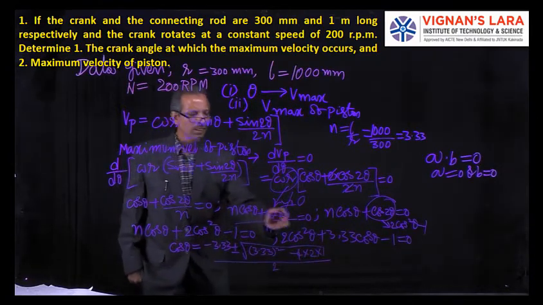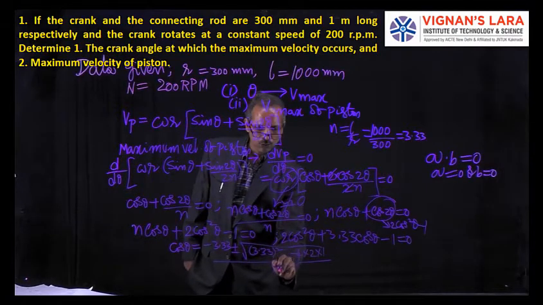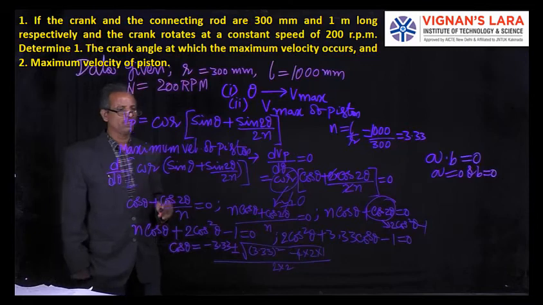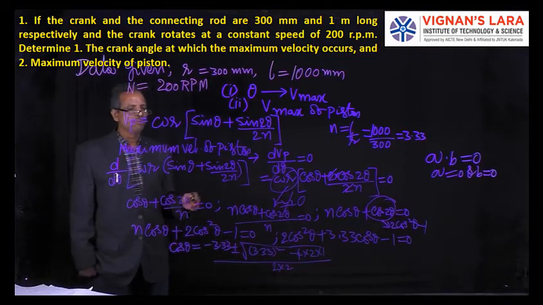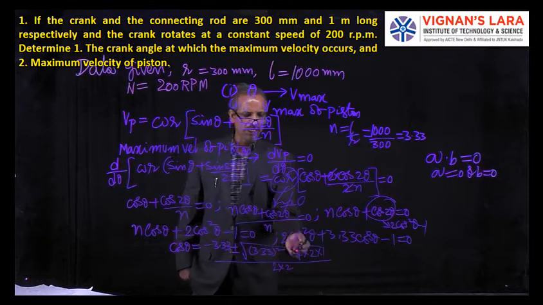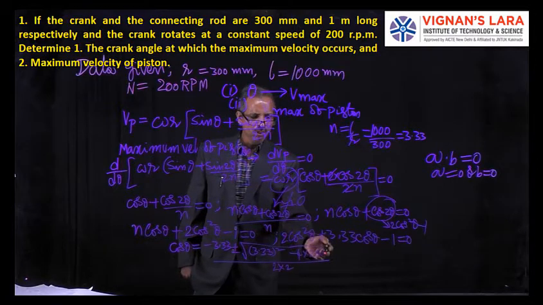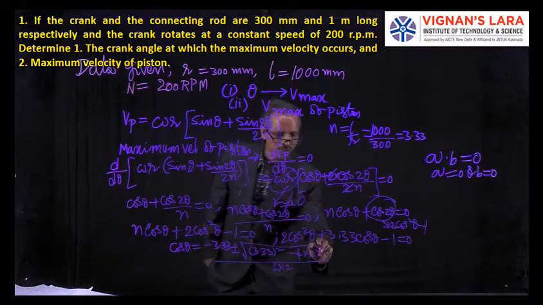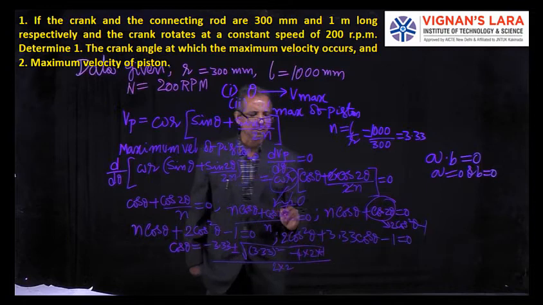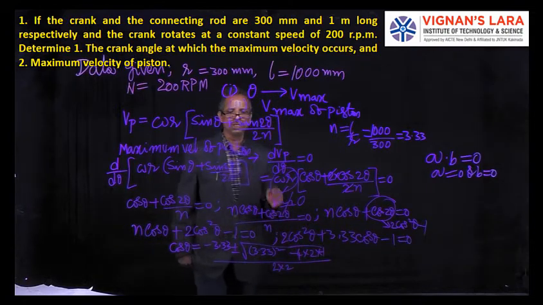A is 2, so 2 into 2. So 3.33 whole square minus 4 into a into c. What is c here? Minus 1. By 2a, 2 into 2.